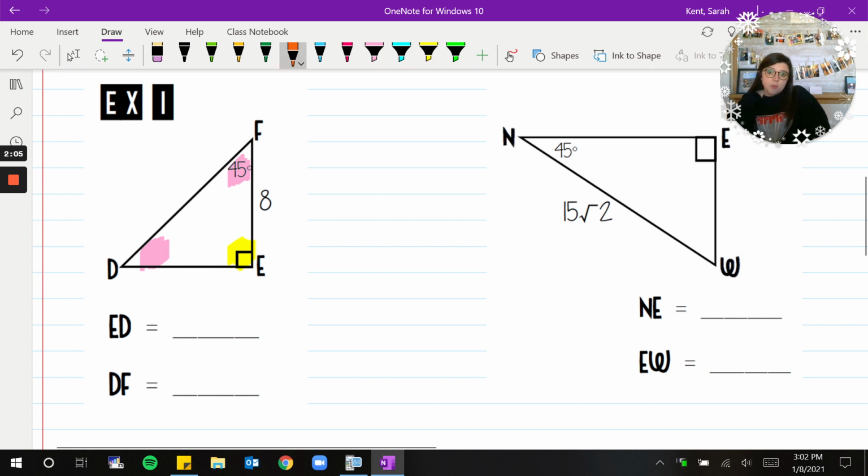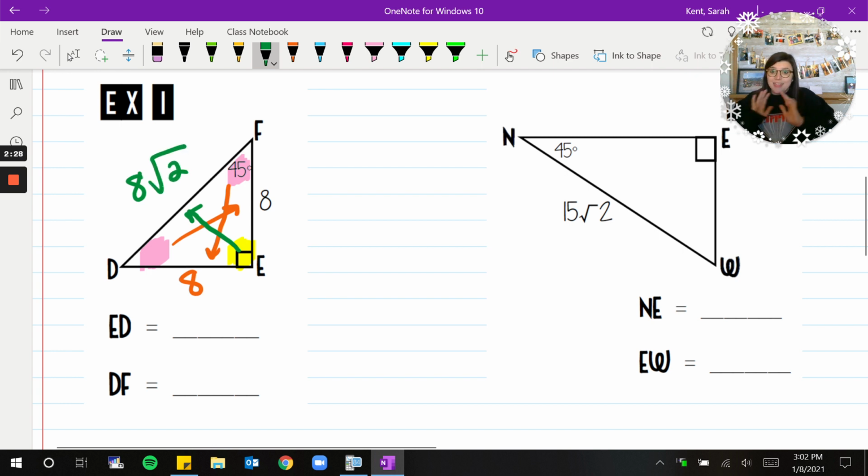In our example, we learned that if this side is 8 across from that 45, then the other side across from 45 would also be 8. And then across from our 90 degree, we're going to have that side length of 8 times the square root of 2. And that's it. You're done.